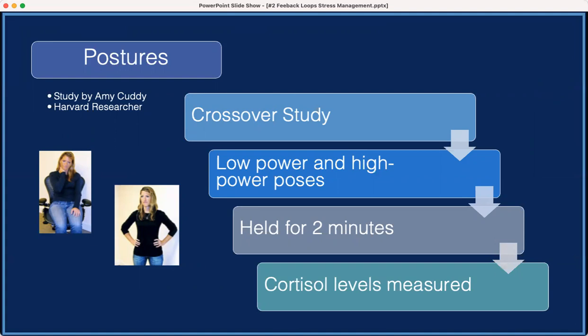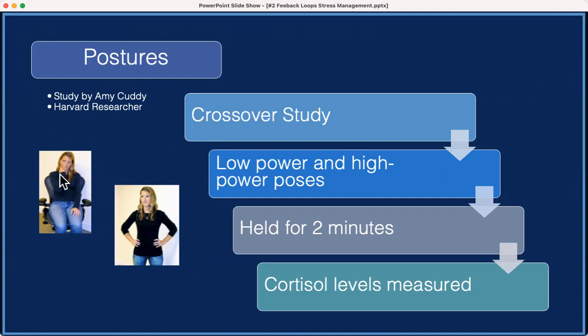Some people believe this is controversial, but I'm going to present this study to you and you make your own decision. This is a Harvard researcher, Amy Cuddy, who did a crossover study. That is where they take the same group of people, and for a period of time, one group takes one of these low power poses where they're sitting small.